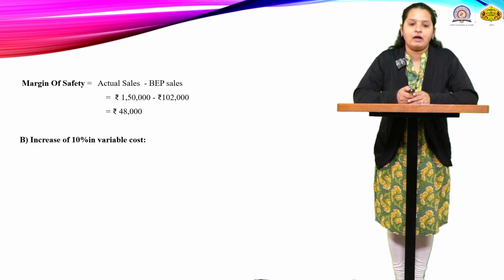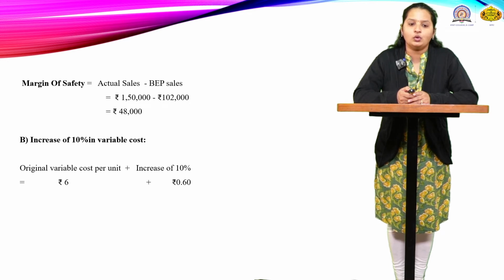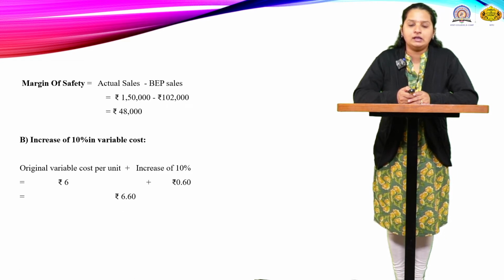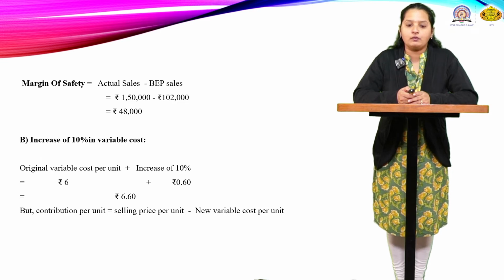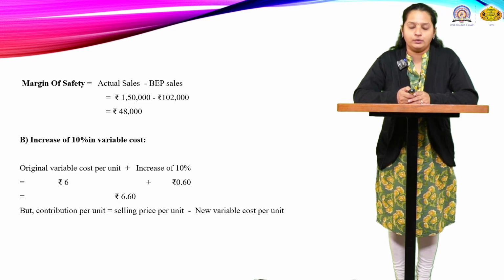Now, the second part: increase of 10% in variable cost. Again we have the original variable cost per unit plus an increase of 10%. So the original variable cost is rupees 6 plus 10% of 6, that is 0.60, and the new variable cost we get is rupees 6.60. We use this in our formula. Contribution per unit is equal to selling price per unit minus the new variable cost per unit.